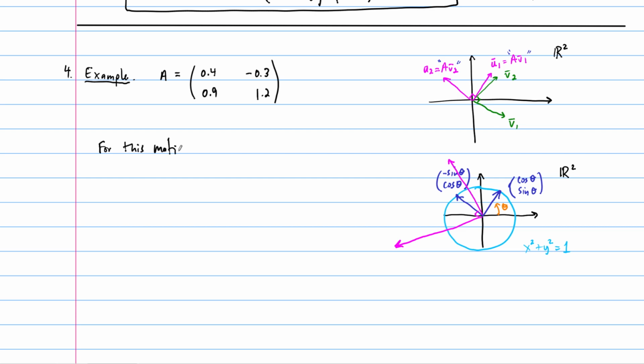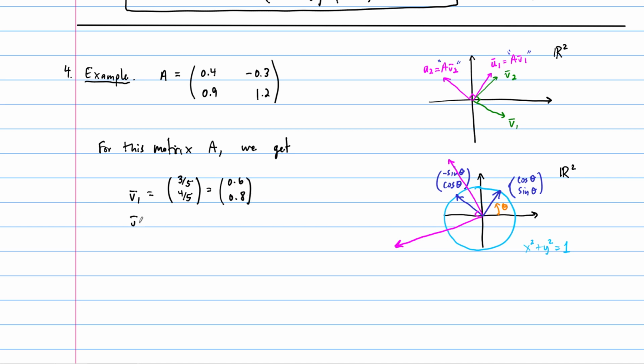But this geometry is important. So for this matrix A, you just multiply this through and you get an equation. So we would get that v1 is equal to, it's got to be a unit vector, so it's going to be 3/5 and then 4/5. In decimal form, this one's 0.6, 0.8.